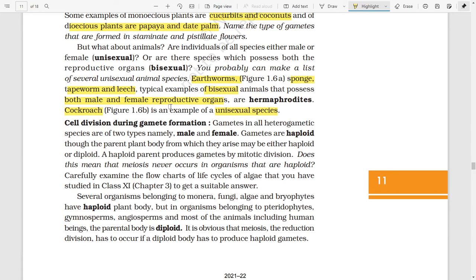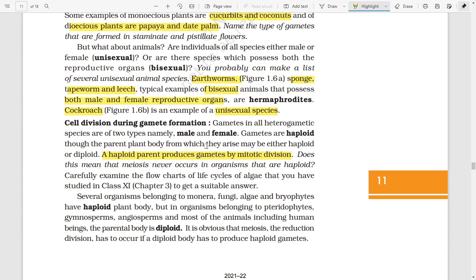Cell division during gamete formation. Gametes in all heterogametic species are of two types, mainly male and female. Gametes are haploid, but the parent plant body from which they arise may be either haploid or diploid. A haploid plant body produces gametes by mitosis.